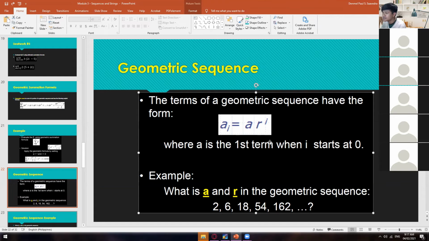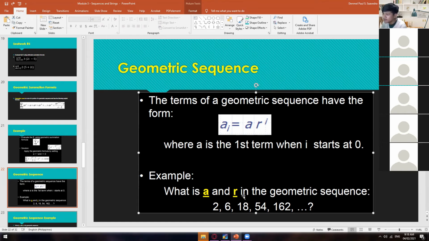Here, a is part of that formula, and r here is also a part of that formula, where a is the first term when i starts at 0. So as always, this one is the value of the first term if we have a given 0 for the starting point.